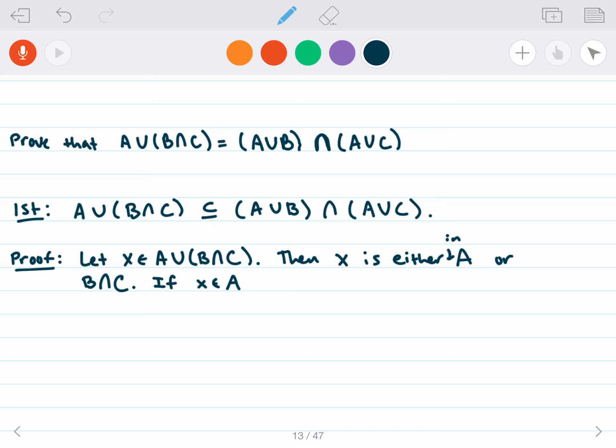We're trying to show that this element, in either case, if it's in A or if it's in B intersect C, ends up here. That's the goal. Always keep the goal in mind.